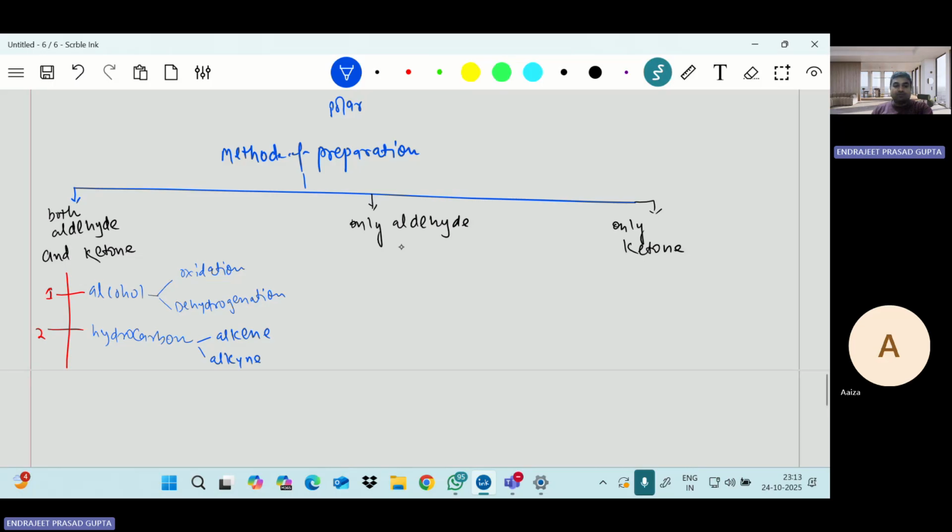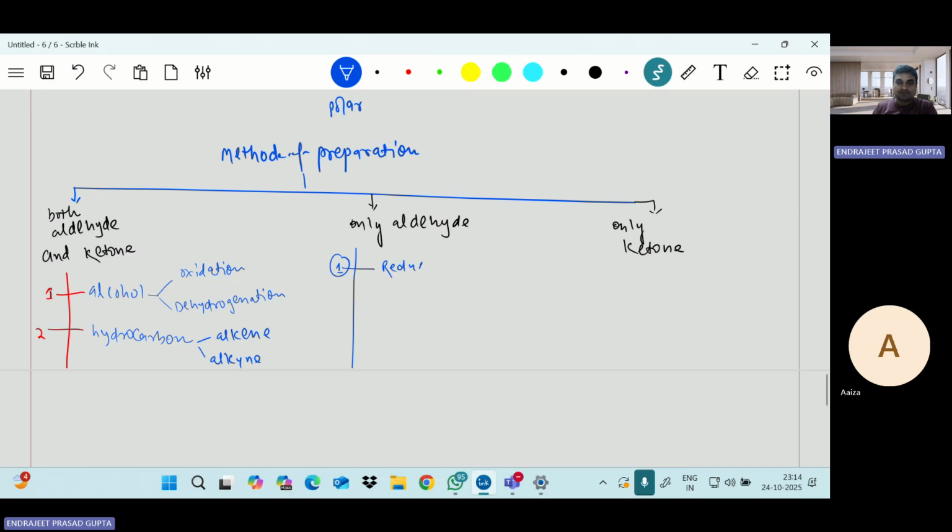After this, only aldehyde. For only aldehyde, we have hydrolysis and reduction methods.